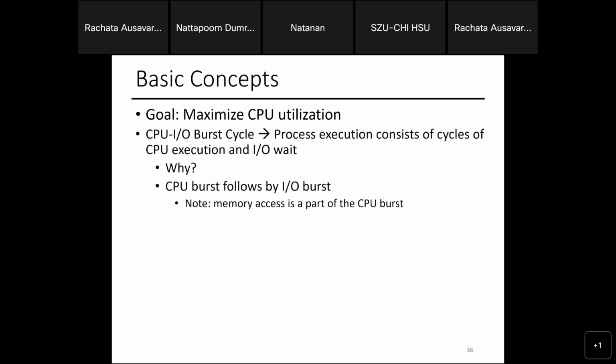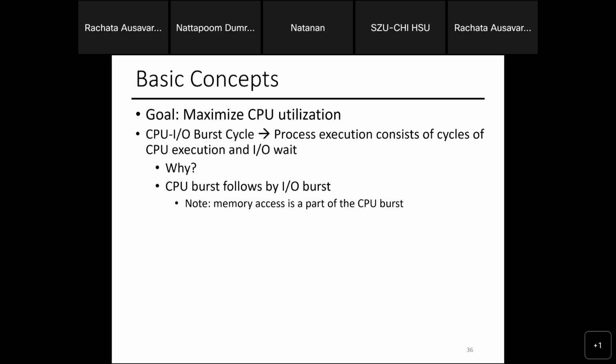Here is one of the definitions I'll let you know: the CPU I/O burst cycle. When you run a program, the OS usually looks at it this way: either my program is running using the CPU, or my program needs to use the I/O. If my program uses the I/O, it's going to take a while before I need the CPU again.